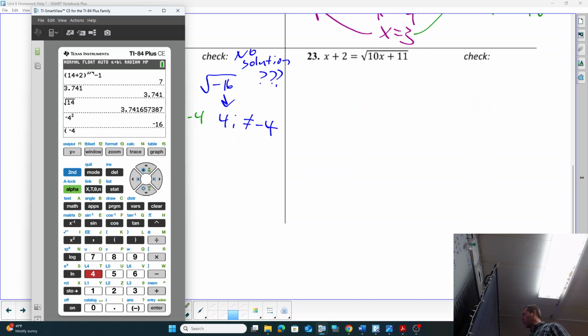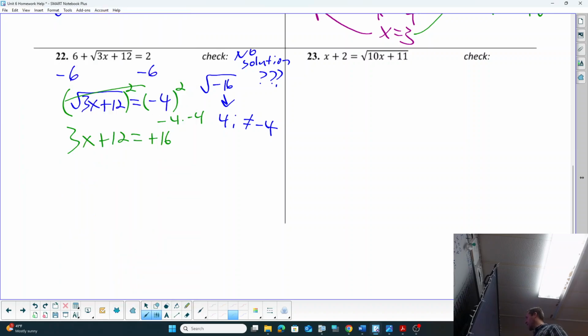But if you put it in parentheses, that's correct. Then it's positive 16. Okay, so then we subtract 12 from the other side. And so we get 3x is equal to 16 minus 12, which is 4. And then divide by 3. And we get 4/3 is our answer.